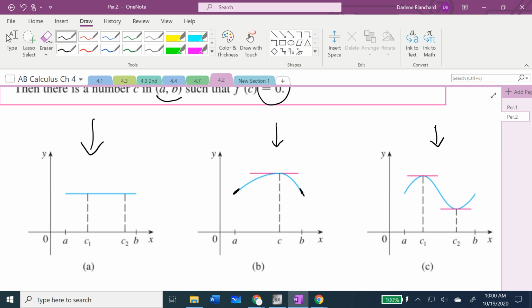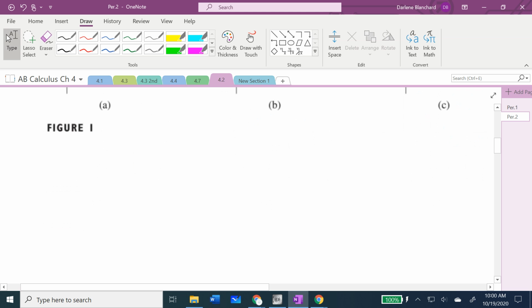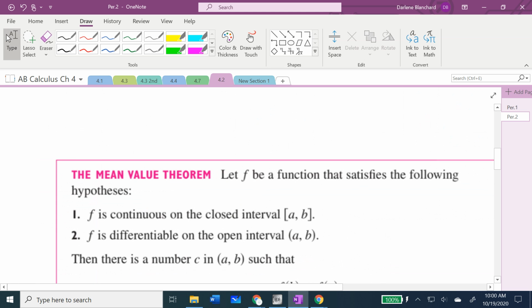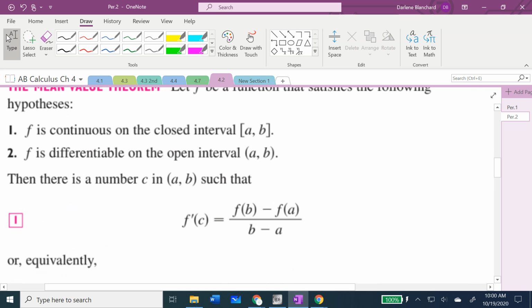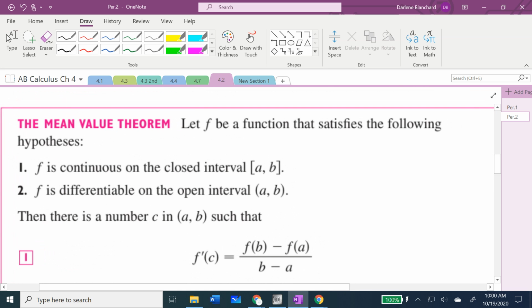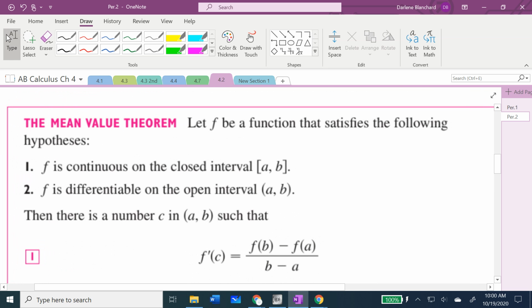So, to go from Rolle's theorem to mean value theorem, we go away from the idea that f of a has to be equal to f of b. And what we do is we look at the slope between the endpoints.